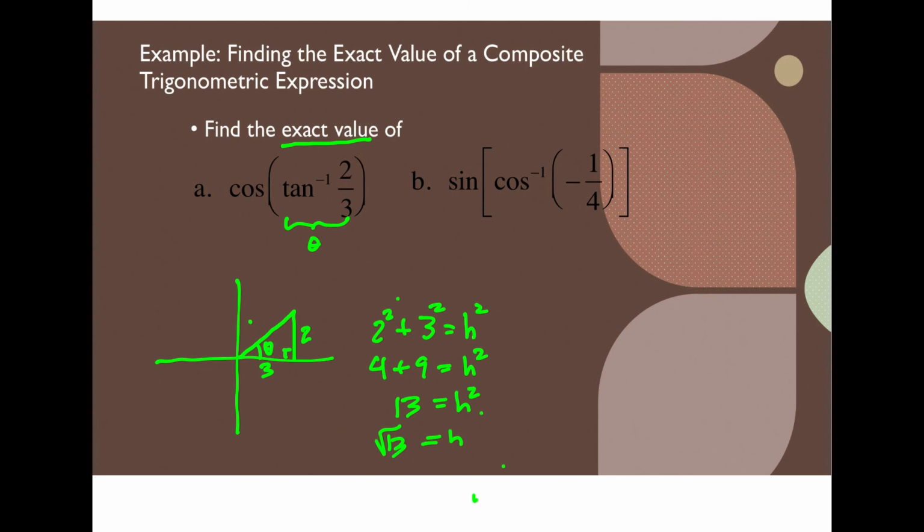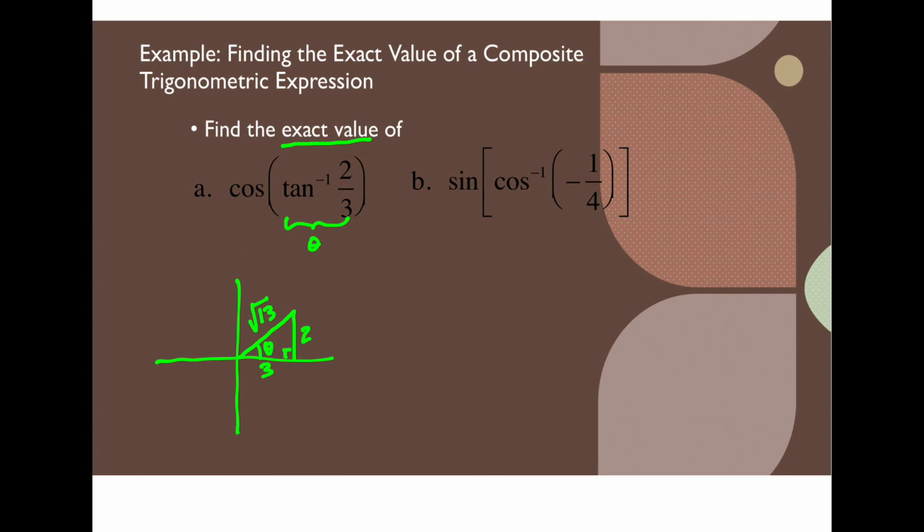So I know this, square root of 13, and I know I want to take the cosine of this angle that we really don't know. Now, we could find out what the radian or the degree measurement is approximately, but it doesn't really matter because we wanted to get an exact value anyways. I know that the cosine of this is adjacent over hypotenuse.